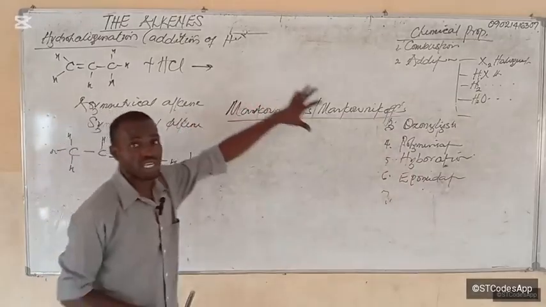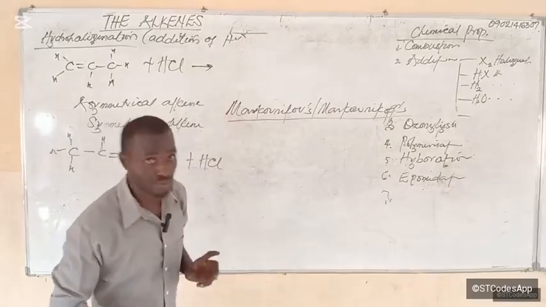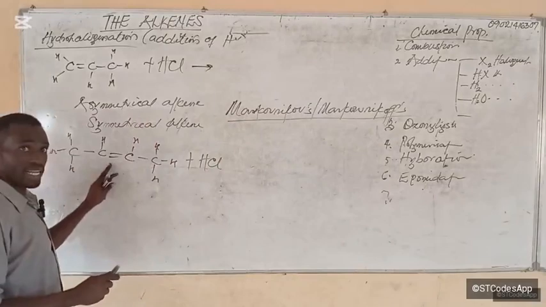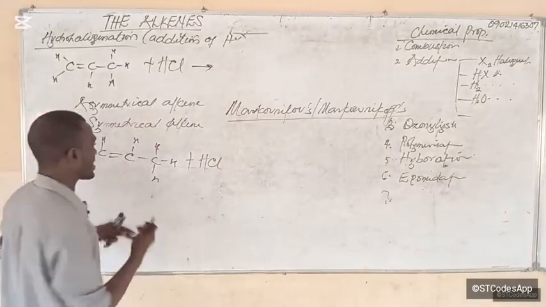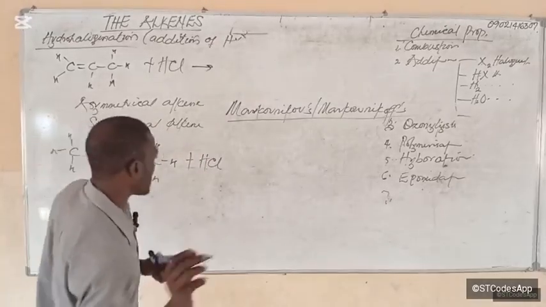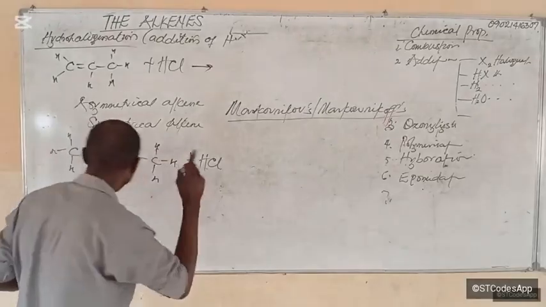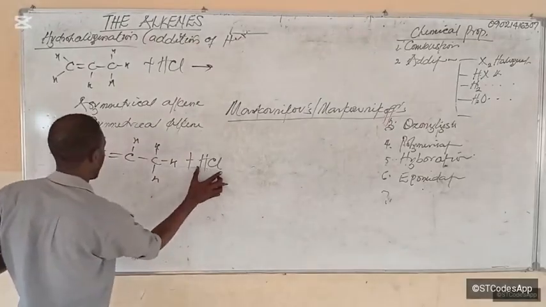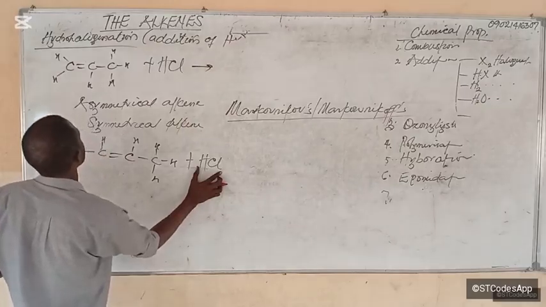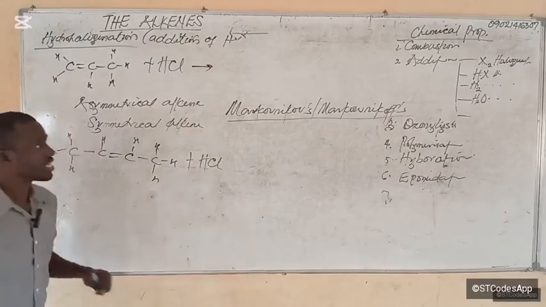Now, listen to this because we also have an anti-Markovnikov rule. Okay? Now, here, what will happen is that this guy is going to be added to this, right? Now, there are two ways it could be added. It's either the hydrogen here gets, oh, sorry.